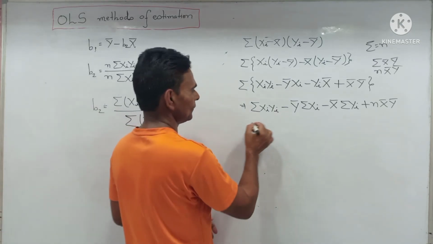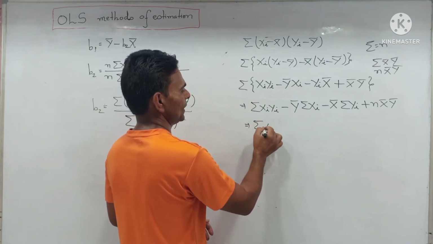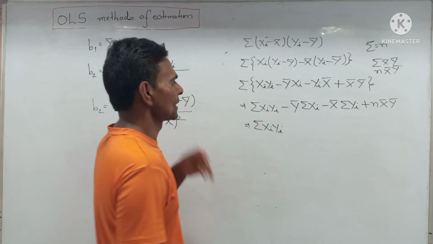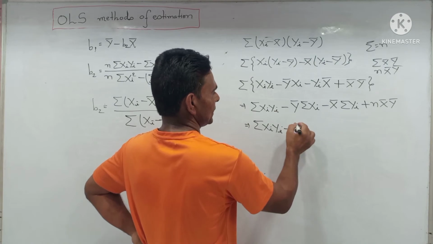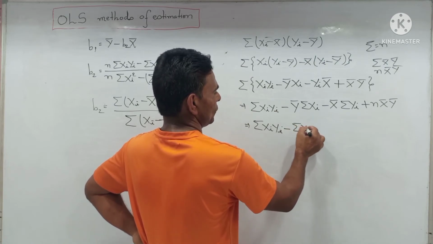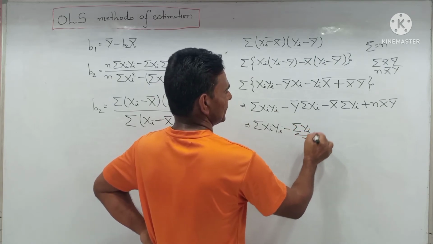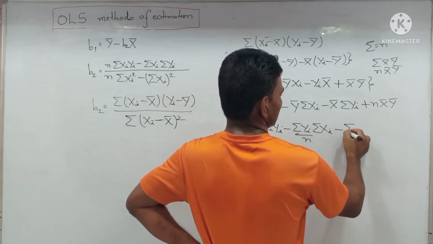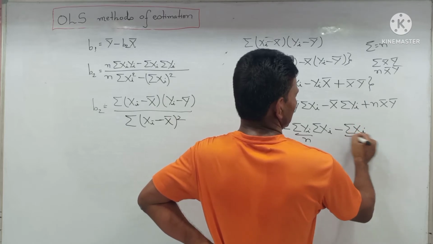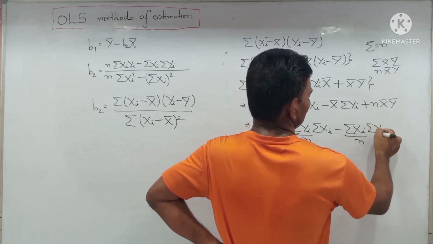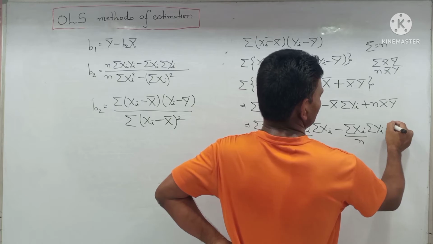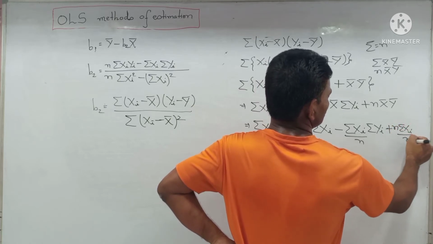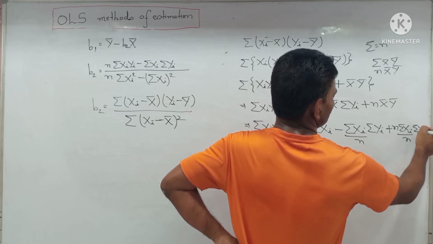Now summation of xi yi, now minus summation of yi by n times summation of xi, minus summation of xi by n times summation of yi, and here plus n times summation of xi by n times summation of yi by n.